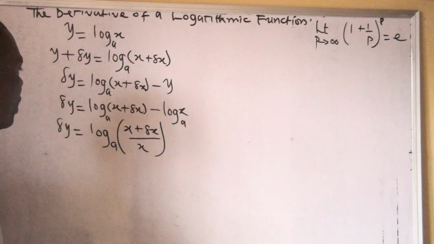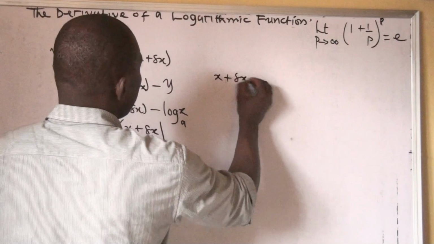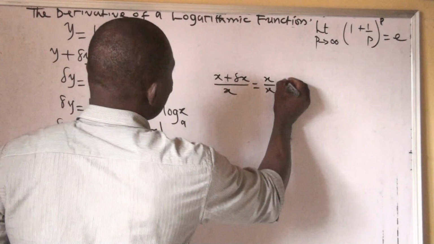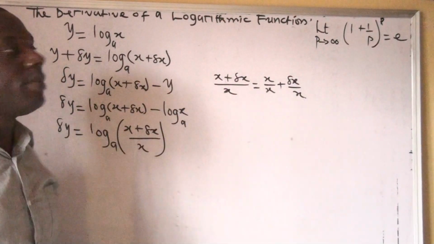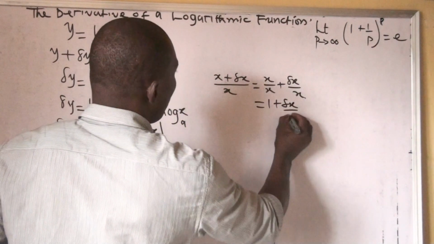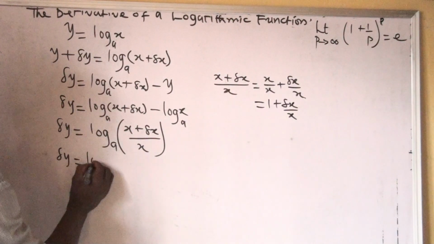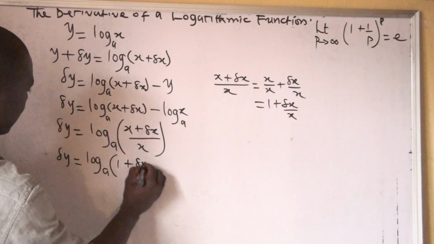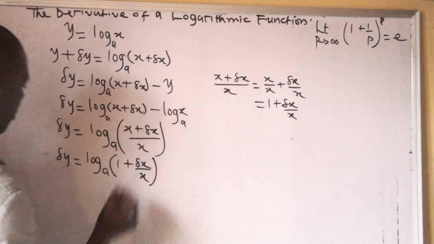The term in the bracket, x plus delta x over x, can be written as x over x plus delta x over x, because they mean the same thing. So this becomes 1 plus delta x over x, and delta y is equal to log base a of 1 plus delta x over x.